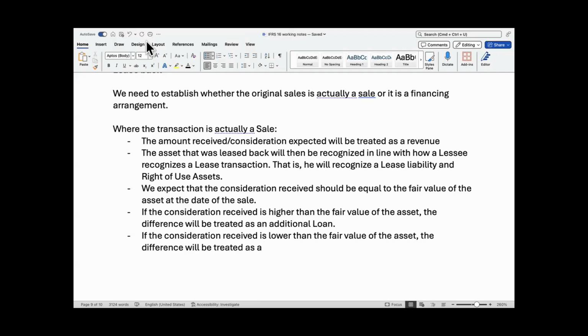What do you think the difference should be? Okay, nobody. I would say revaluation surplus.